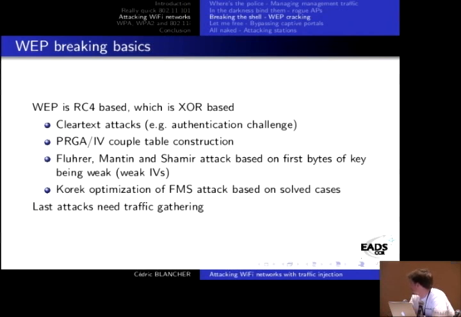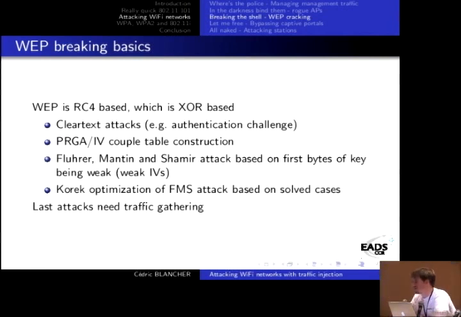So the first one is a clear text attack on the authentication mechanism. Basically, the guys who invented this said, I want to authenticate someone, so I want to verify it's a good key, but I don't want to exchange the key of the network. Okay, so we'll use a challenge response mechanism.